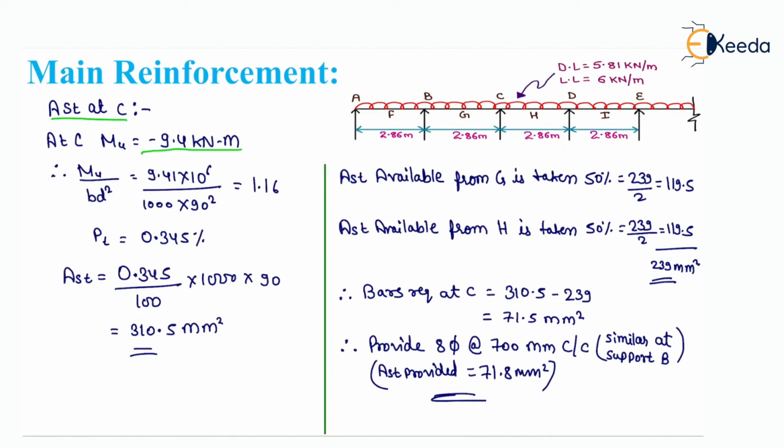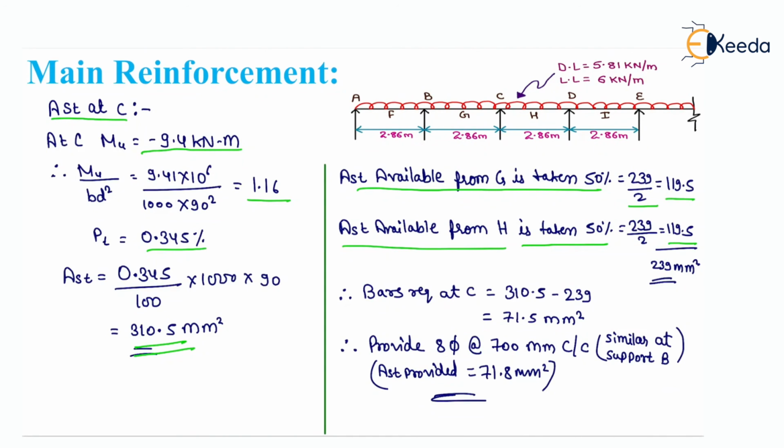Now we will calculate the value Mu upon BD square. Putting the values, we will get 1.16. The percentage of reinforcement will be 0.345%. Now we will calculate Ast and we will get 310.5 mm square. Ast available from G is taken as 50%, and its value will be 239 by 2 equals 119.5. Ast available from H is taken as 50%, equals 239 divided by 2, which is 119.5.